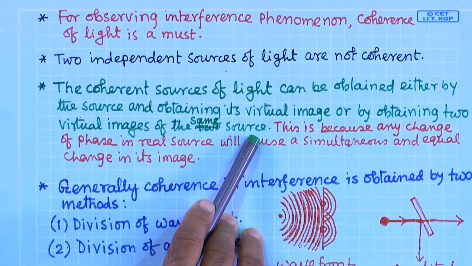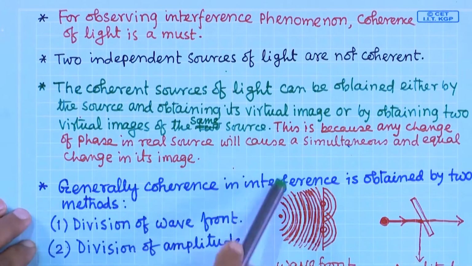So, that we call a virtual image of the source. Okay. Either the original source and another is its virtual image, so these two can be coherent, or from the original source if we generate two virtual sources and take those two virtual sources for our experiment for observing the interference effect, then these two virtual sources are also coherent.